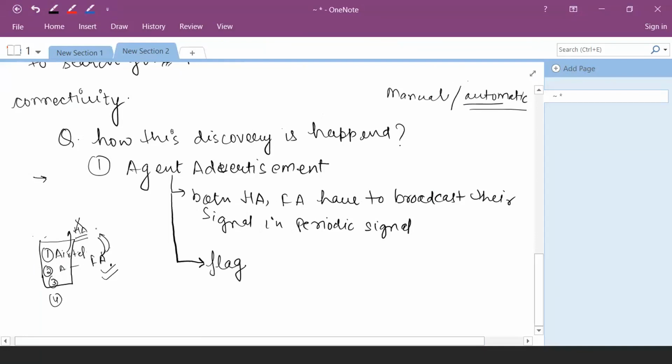If the home agent is indicated by 1, my foreign agent is indicated by 0 or 2. In that case, my mobile node gets to know, okay, this is the foreign agent and my location has changed, and now I have to maintain connectivity with this new foreign agent in order to maintain the services. The flag is used for identification.